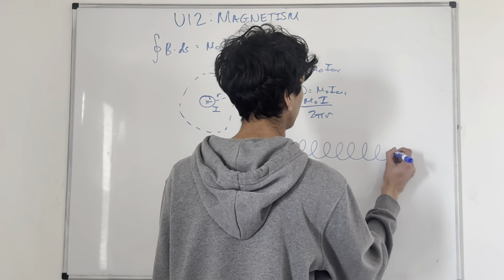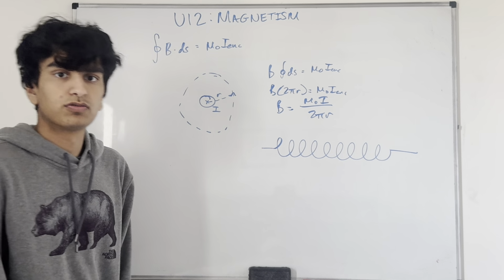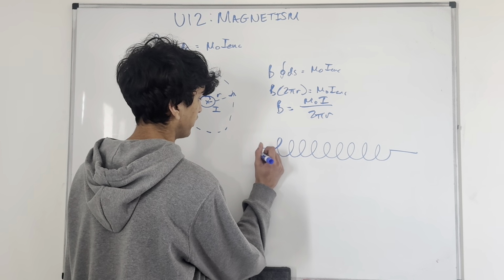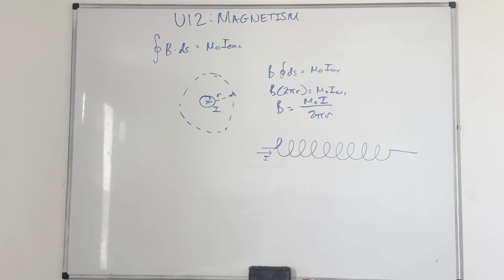like so, a loop of wire. Which way would the magnetic field point? If you have current going this way, think about your right-hand rule.